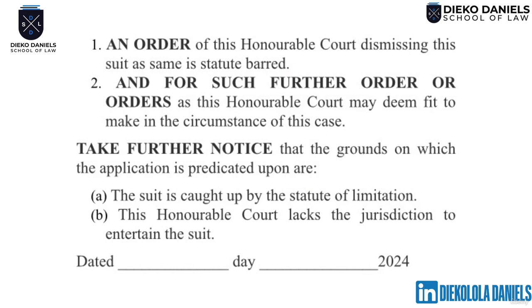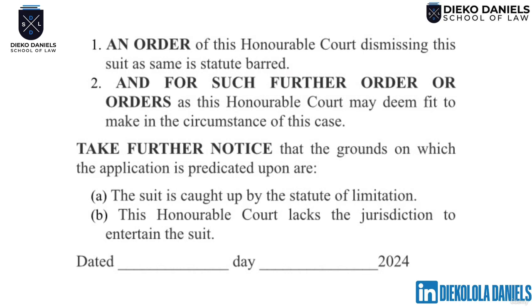Now, this order can change depending on the question that you are given in the exam. So why is it that you are asking the court to dismiss the suit? You can see that we are saying that it is statute barred, right? Because it is statute barred, it is likely to be contentious. So you don't come by a PO, that's the notice of preliminary objection, for something like statute barred.